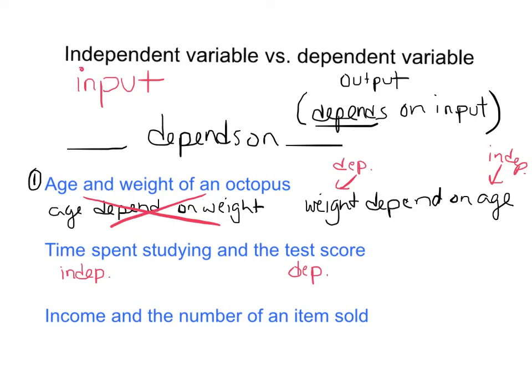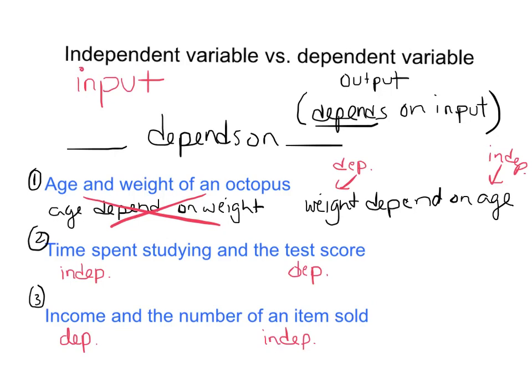And finally, we have income and the number of items sold. Will your income depend on how many items you sold, or will the number of items you're able to sell depend on the income? Hopefully you guessed this. The number of items sold is your independent variable, and the income is your dependent, because the income comes after you sell the items.